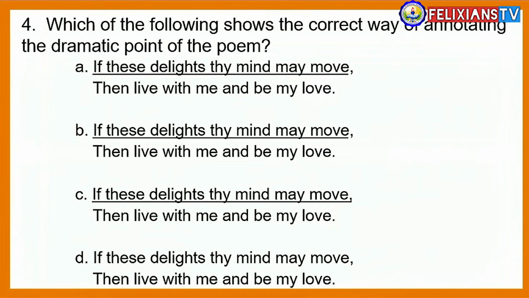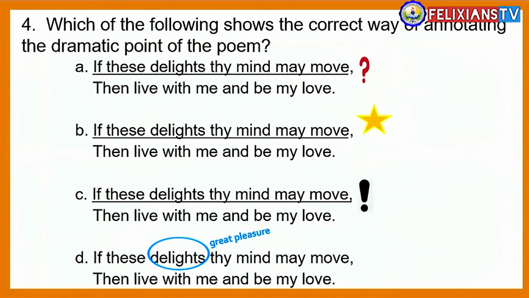Number 4. Which of the following shows the correct way of annotating the dramatic point of the poem? Letter A, letter B, letter C, or letter D? What's your answer?